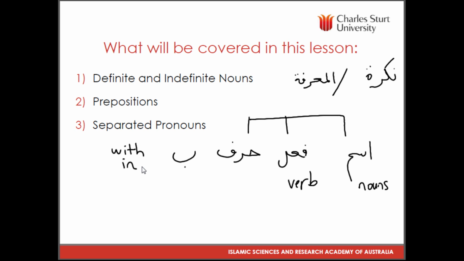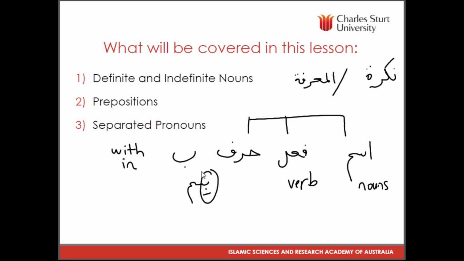For example, when we always say as Muslims, Bismillahir Rahmanir Rahim. What does it mean? This B means in the name or with the name of Allah I start my actions, my deeds, whatever. So this is what? Preposition. It has different meanings, and today we will talk about that one as well.